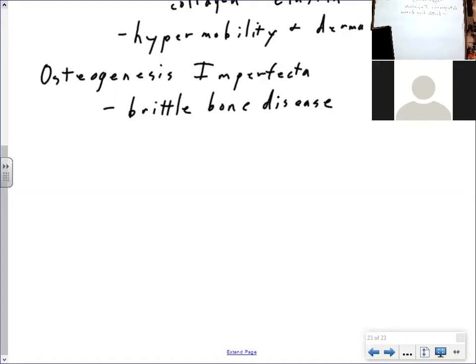The cartilage for your external ear is what? What type of cartilage makes up your external ear? It stretches, but it bounces back. Yeah, elastic cartilage.